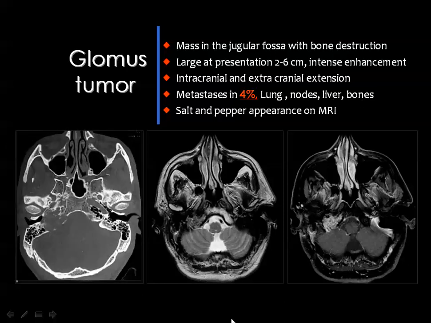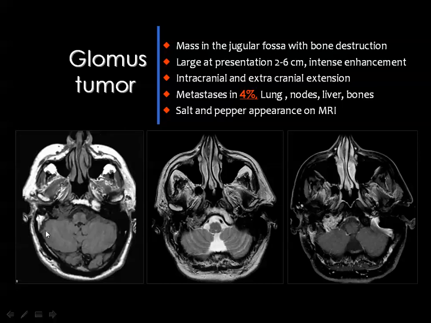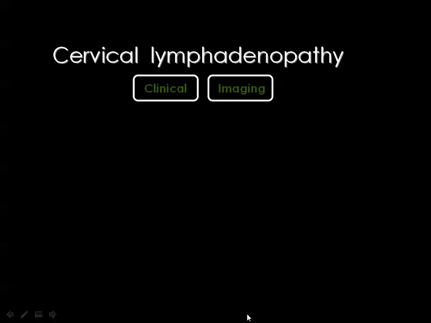Then CT is good in delineation of bone erosions. As you can see here, there is erosive changes in the jugular fossa, and this jugular fossa is occupied by an intermediate signal mass, which is strongly enhancing after injection of gadolinium.